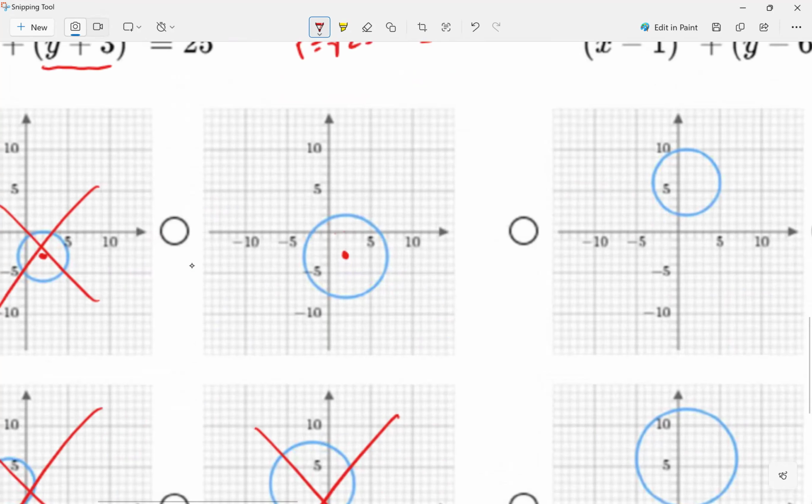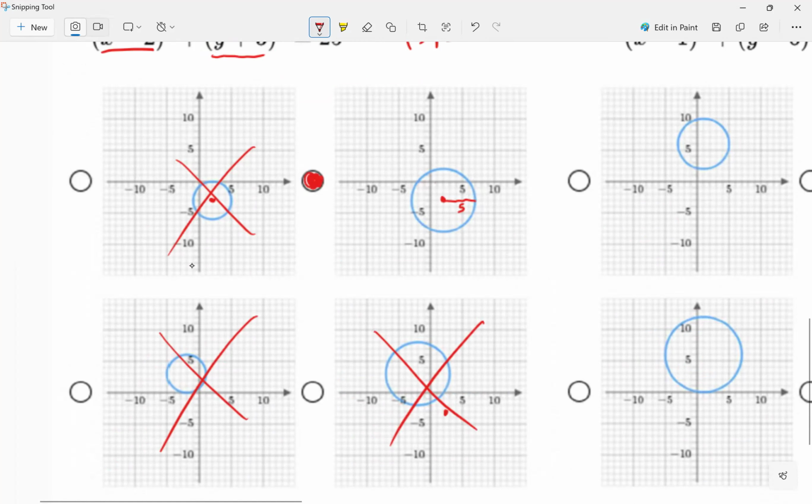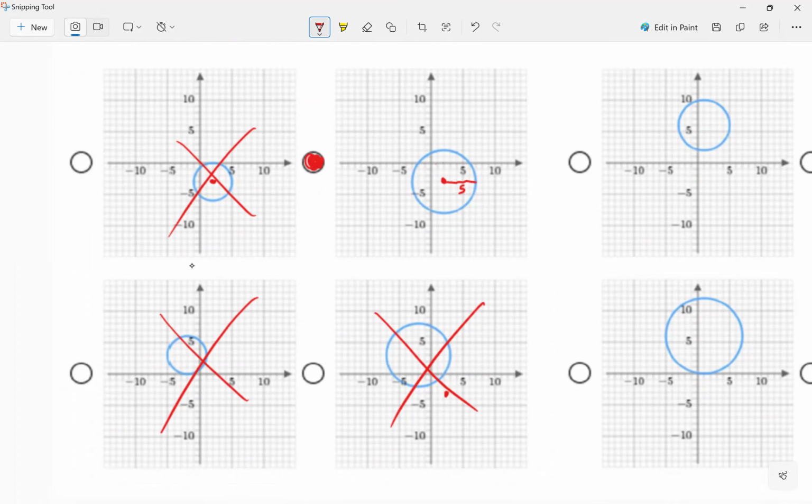You can see the center of the circle is 2, negative 3. But how about the radius? Well, if you count the squares, 1, 2, 3, 4, 5. My radius was 5. So yeah, it was that one. Okay, you can totally see it was our second choice.